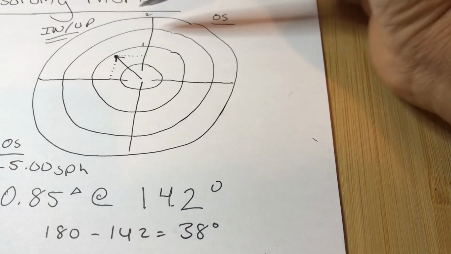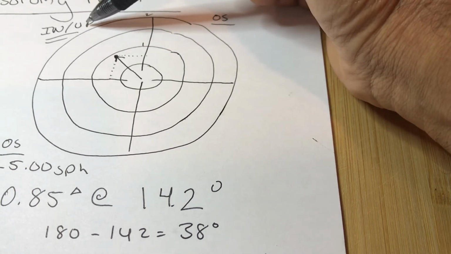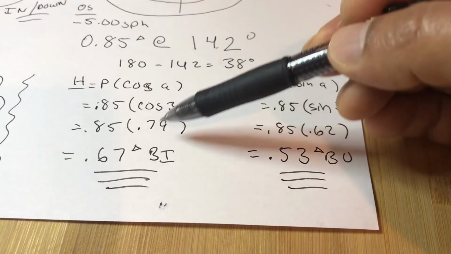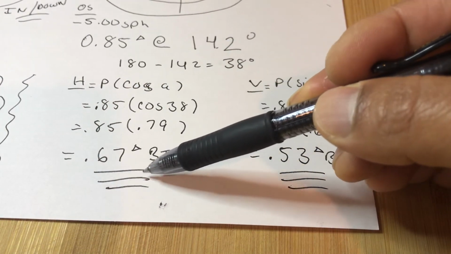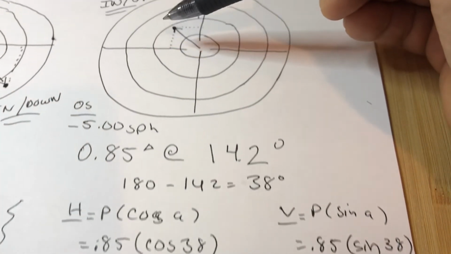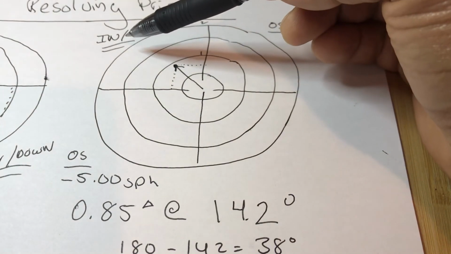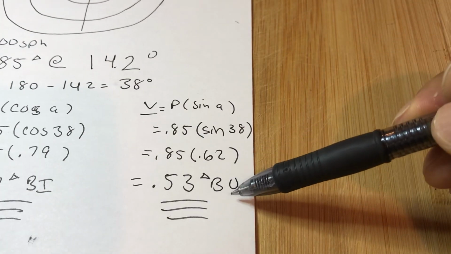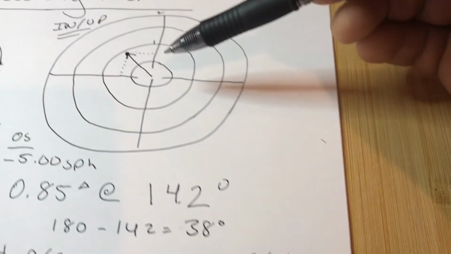Left eye, quadrant 2, has to be in and up. We run through our formulas. We get down to 0.67 base in, again, it has to be base in. And then we run through this one, we end up with 0.53 base up, because it has to be base up.